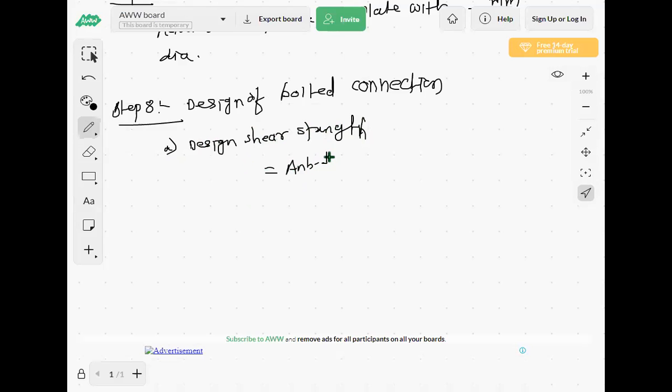A and B into FUV divided by root 3 gamma M1. Then small b, what we have to calculate? The design bearing strength. We have to calculate the bearing strength again.